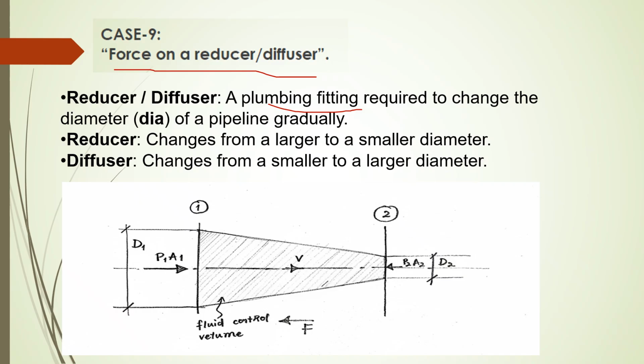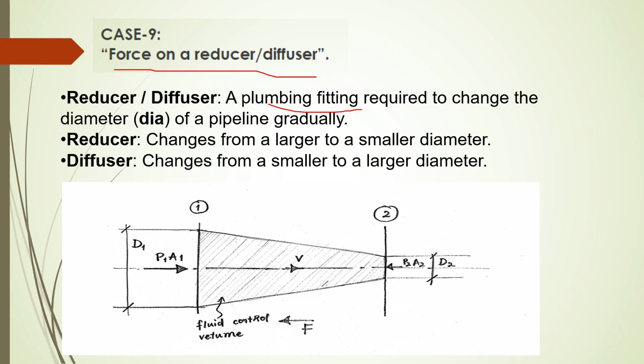In this case, as shown in the diagram, we have the direction of the velocity from left to right. This means the pipe diameter is reducing from cross section 1 to cross section 2, and this internal pipe fitting is used to reduce the diameter of the pipe. So this will be called a reducer.